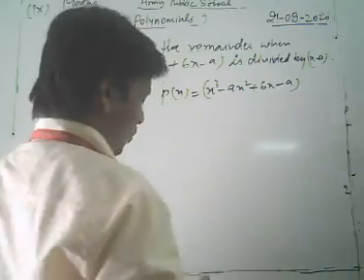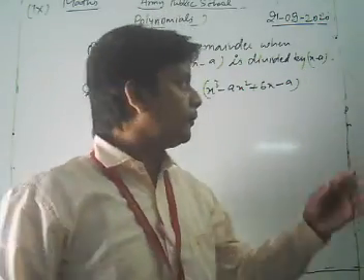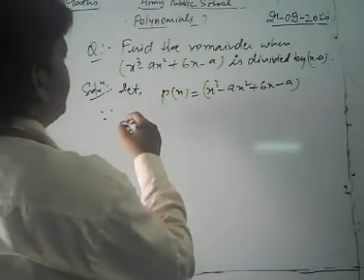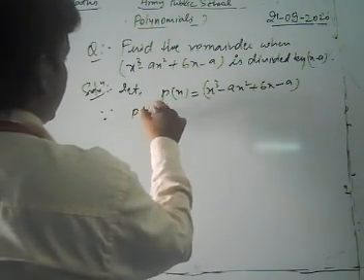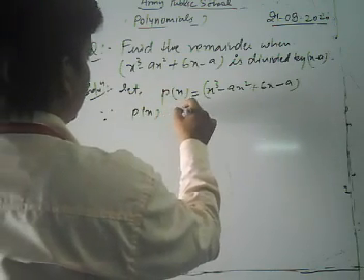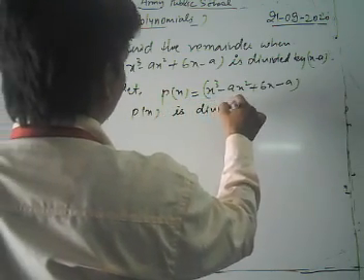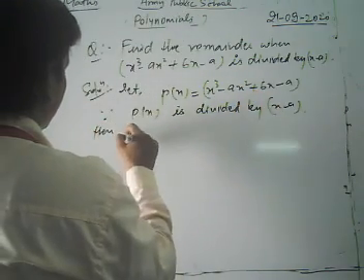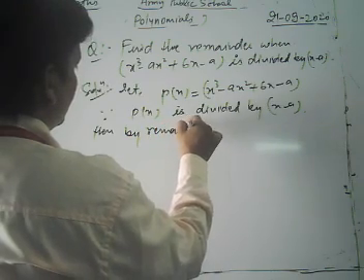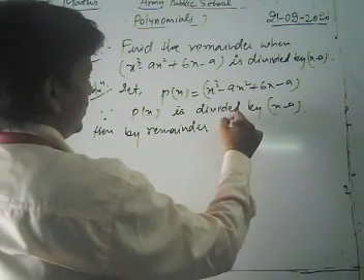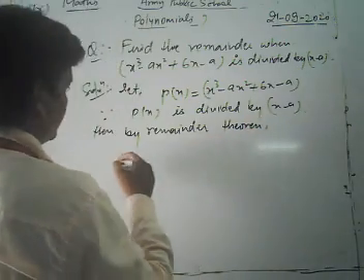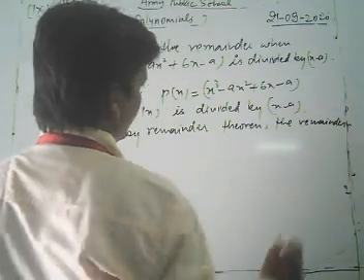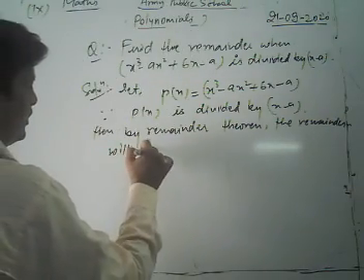Since p(x) is divided by x minus a, by the remainder theorem the remainder will be found as follows.